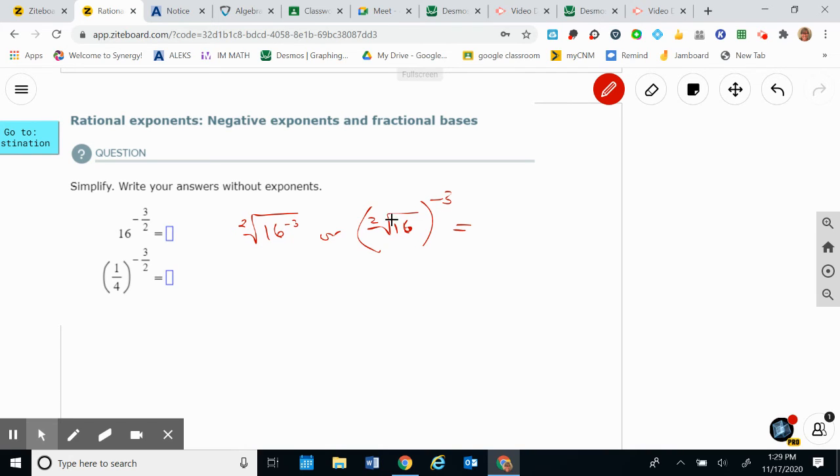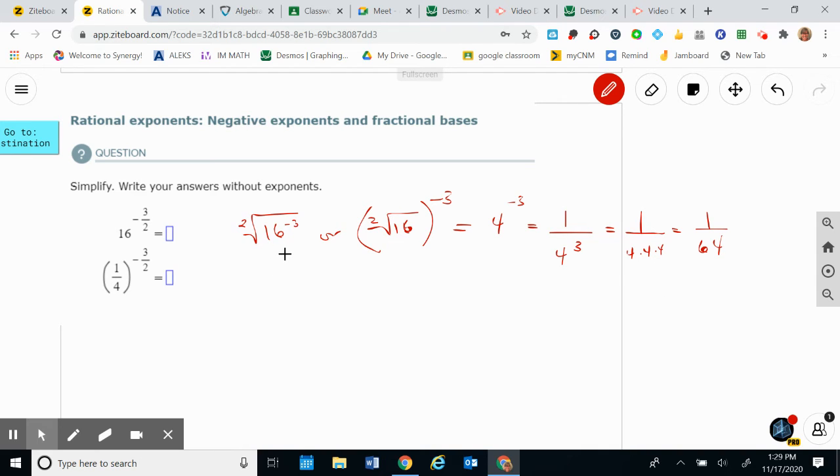You may not think so. The square root of 16 is easy because it's 4. 4 to the negative 3 is 1 over 4 cubed, which is 1 over 4 times 4 times 4, which is 64. So, 1 over 64. And that's how you manipulate it.